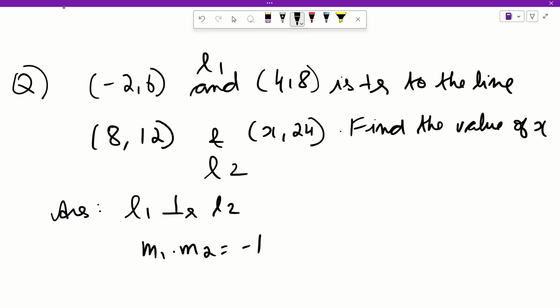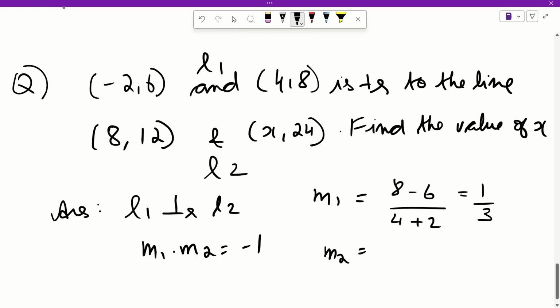So let's calculate m1. m1 is (8 minus 6) by (4 plus 2), that is 2 by 6, which is 1 by 3. Calculations you all know, right? So what is m2? m2 is 12 by (x minus 8). That's equation number 1, and these two altogether are equation number 2.